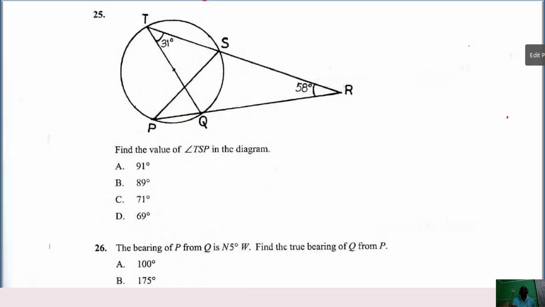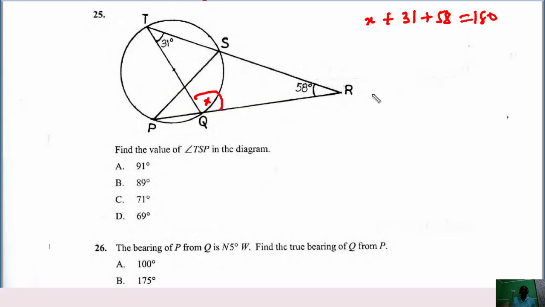So question 25 is a circle theorem. You can see that the angle here is 31 degrees, and the angle here too is 58. We can straight away find this side. Let's represent it by x. So x plus 31 plus 58 will be equal to 180 degrees.